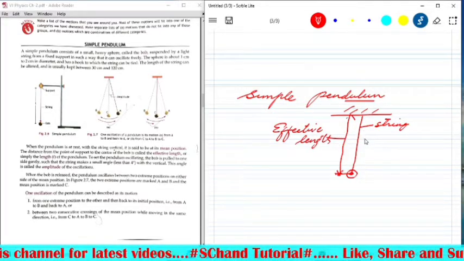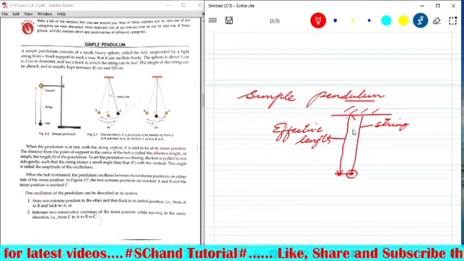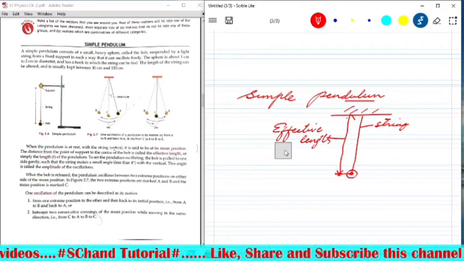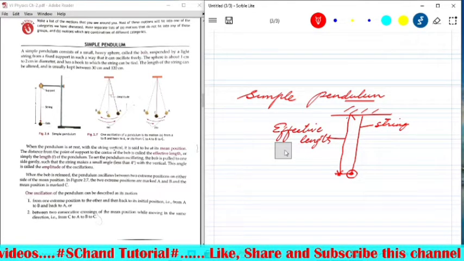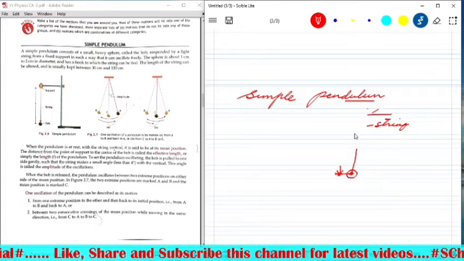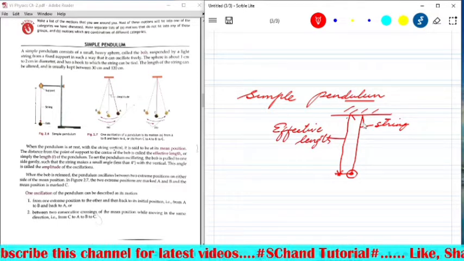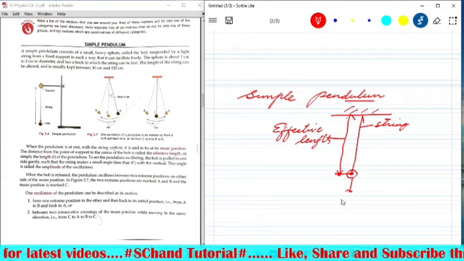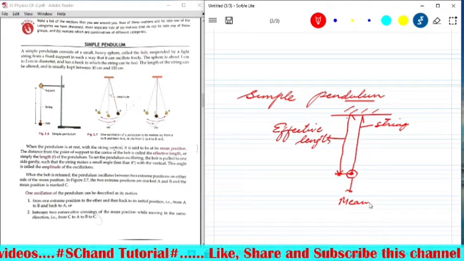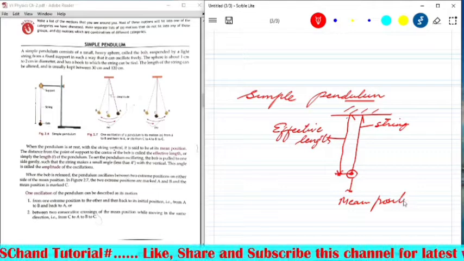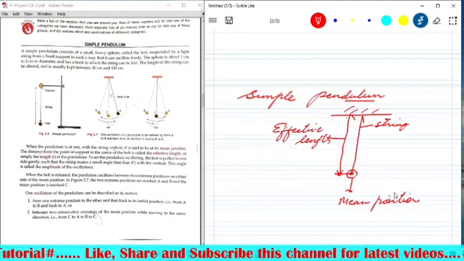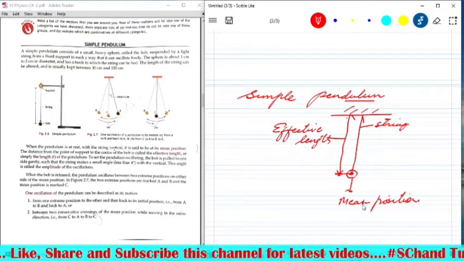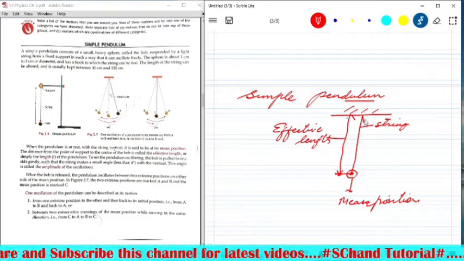Then we'll see when this pendulum completes one oscillation. When the pendulum is at rest, staying vertical with its string vertical, this position is called the mean position.